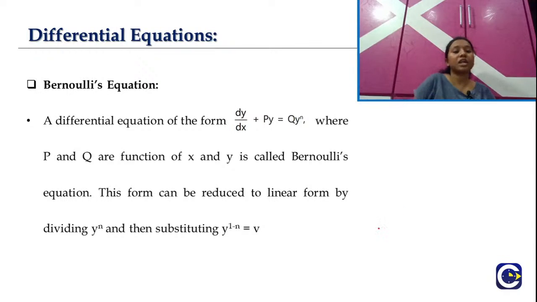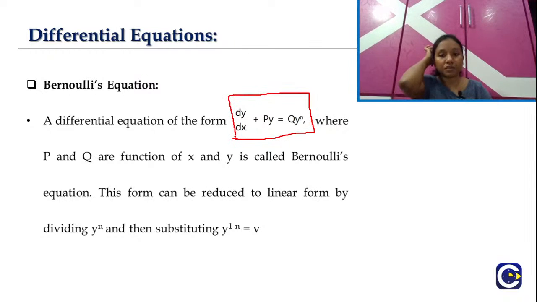A differential equation of the form dy by dx plus Py is equal to Q into y power n. Can you find any difference between the standard form of our linear differential equation and this Bernoulli's form? The difference we can identify here is y power n. So if we could eliminate or divide this, we can get a linear form.